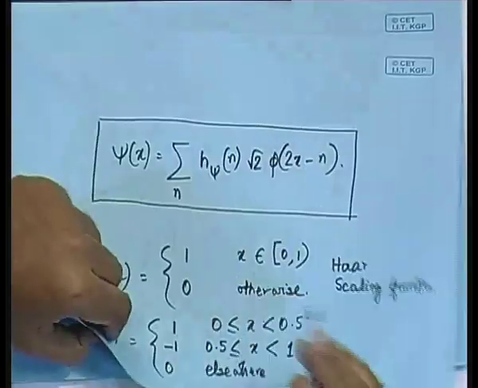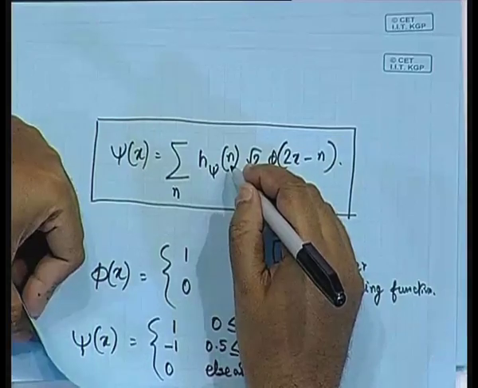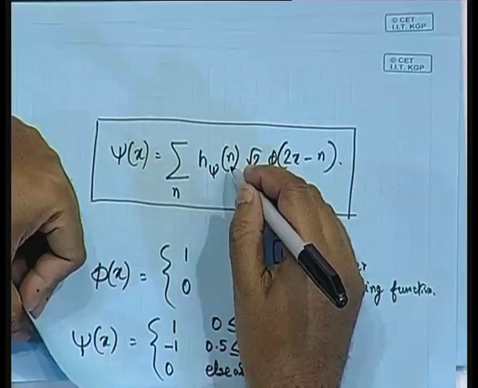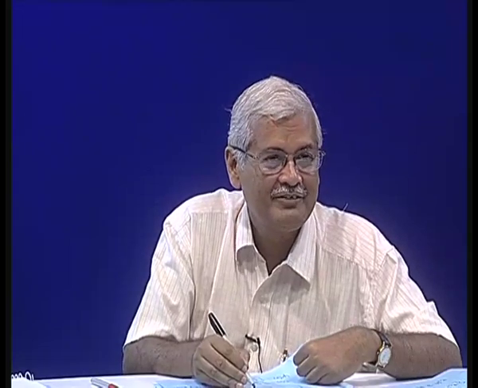I cannot call this n anymore, because n I am reserving for the sample number; n is replacing this x. So, please do not get confused with the earlier notation. I do not call it n anymore, but let us say I call the shift parameter r.